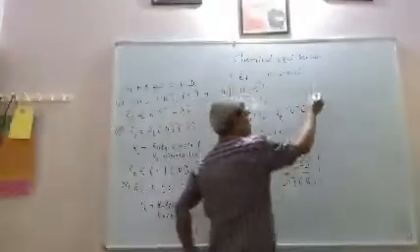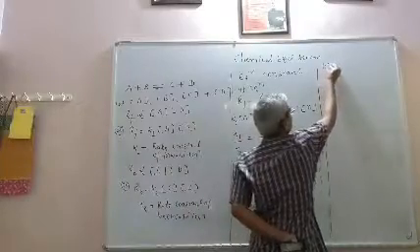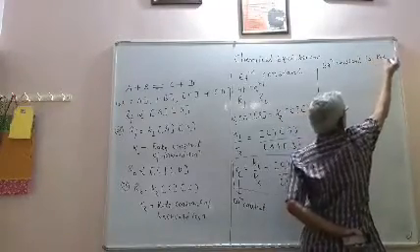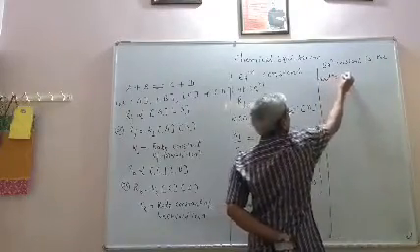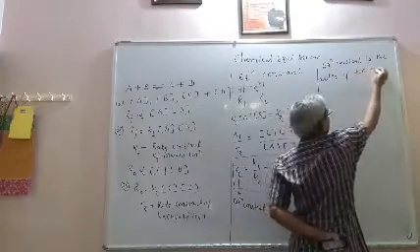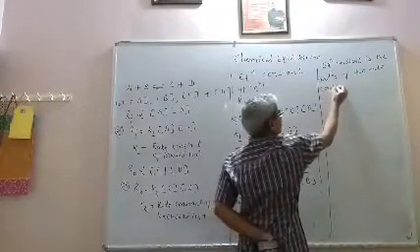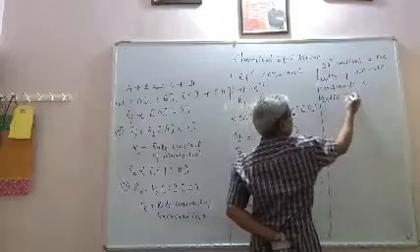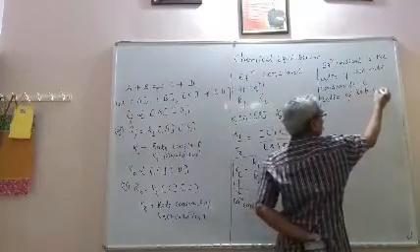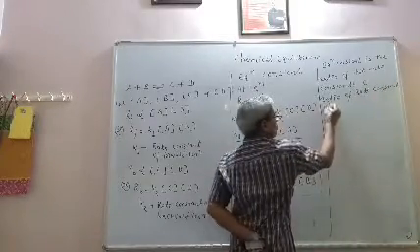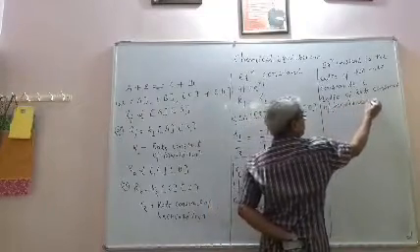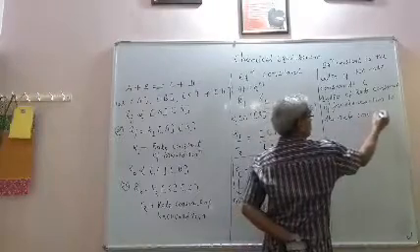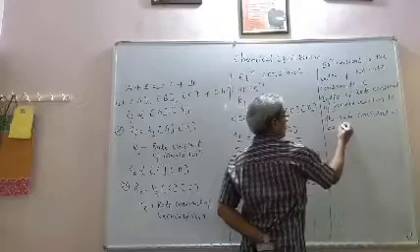Therefore, we will write in short: the equilibrium constant is the ratio of two rate constants, that is, the ratio of the rate constant of the forward reaction to the rate constant of the backward reaction.